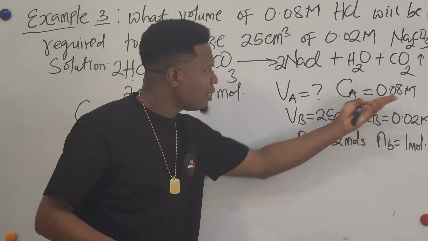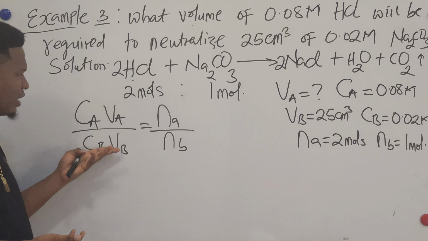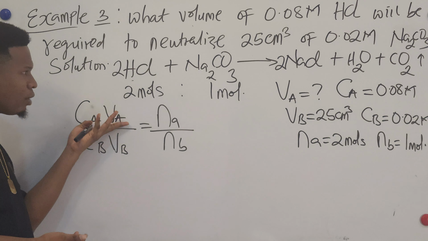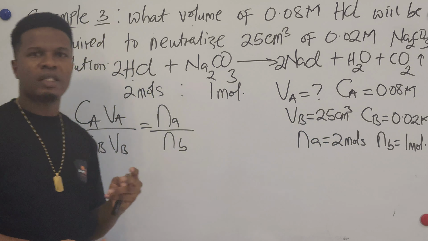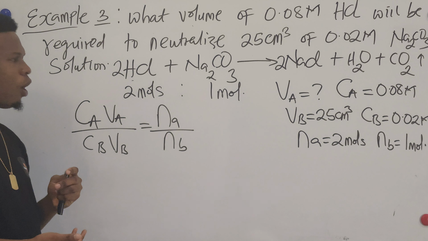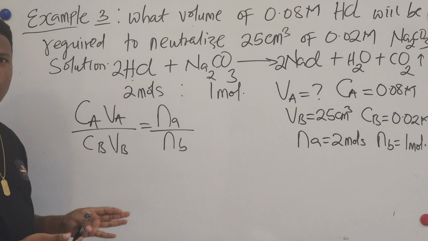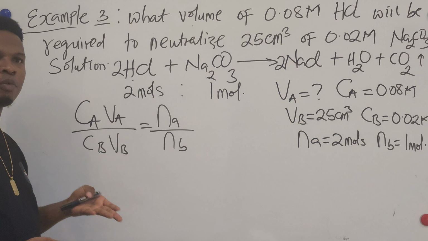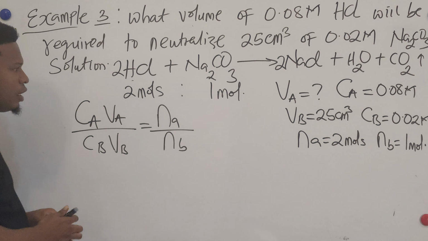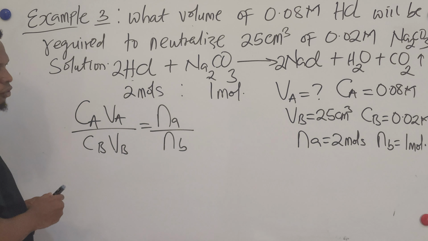The reason is that whatever we get for the Va will still be in the same unit as the given volume. If they are in the same unit, they will cancel out and have no effect on the equation. So please do not convert the volume. I will quickly make Va the subject of the formula.